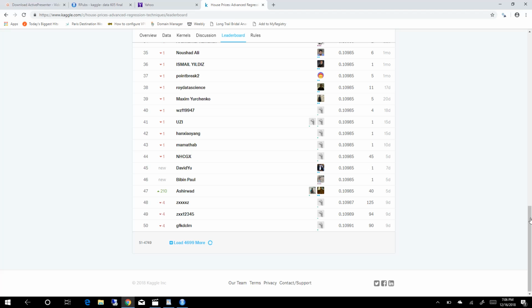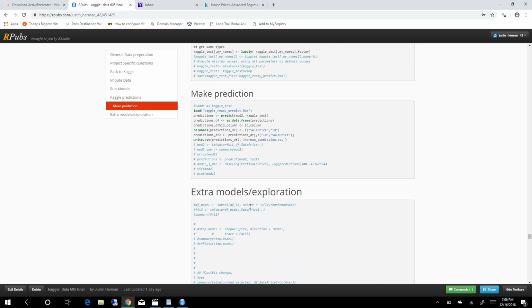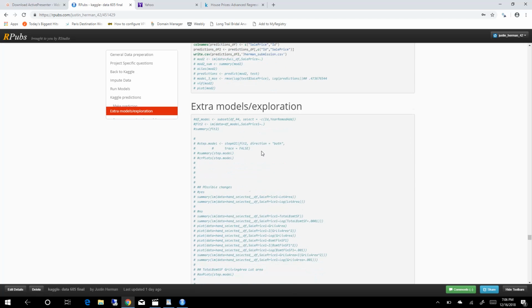Wish I knew what my login was. Well, while that is loading, I believe it comes out to about 0.16.